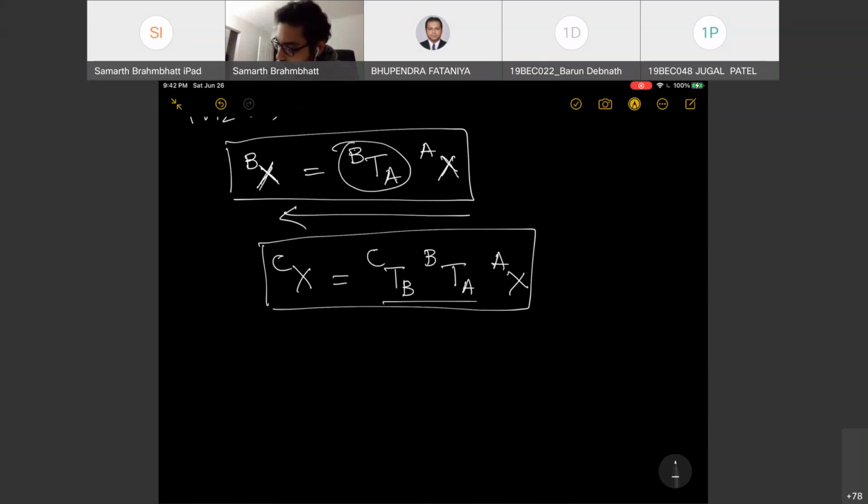So this is called chaining, and you can chain multiple transformations by multiplying those matrices. So these two matrices, they are both 4 by 4. So the result will also be a 4 by 4 matrix, which we will call directly T^C_A.